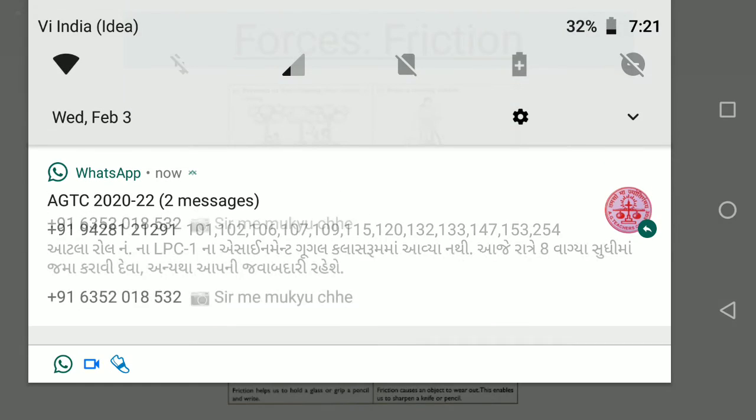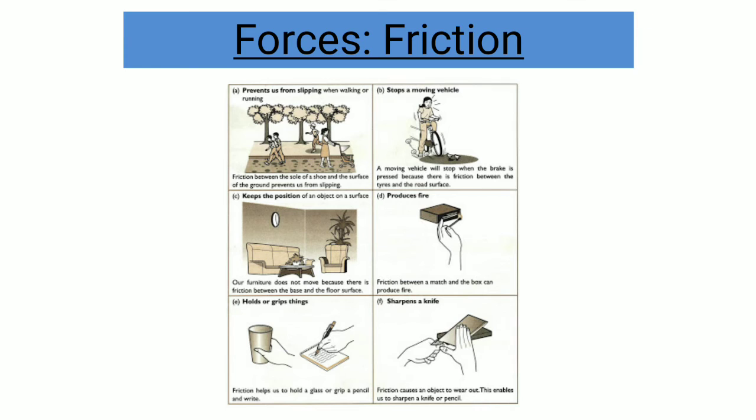Friction prevents us from slipping when we are walking. Friction helps us to stop a moving object. Friction helps us to keep objects stationary. The heat caused by friction helps us to make fire.